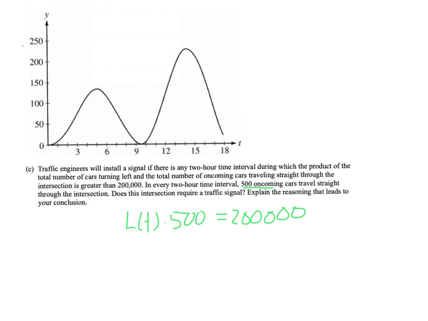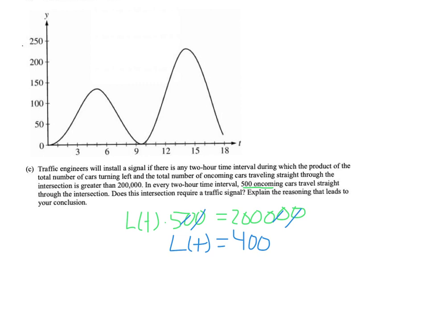So when I am dividing here, we get dividing this by 500. 2 of those go away, 2 of those go away, and 2,000 divided by 5 is going to be 400. So if it ever goes above this for 2 hours, this is what we're looking at.